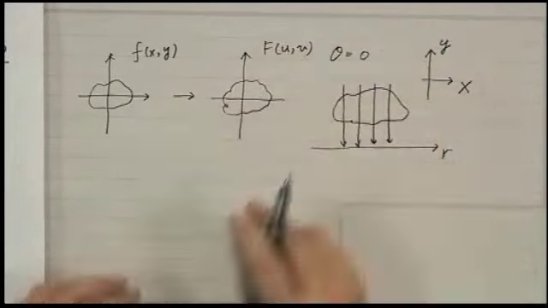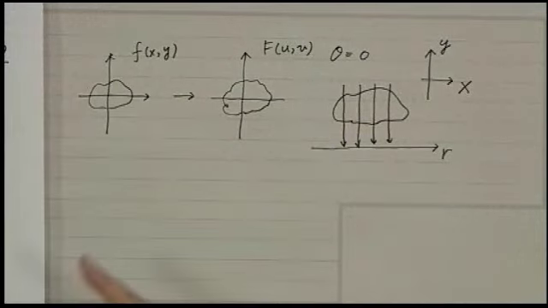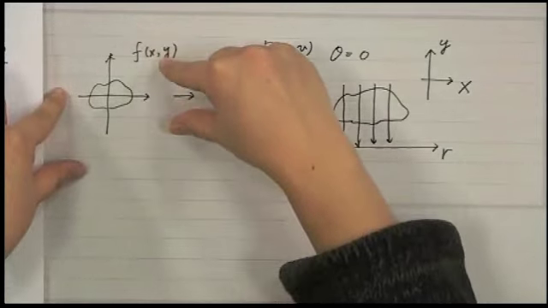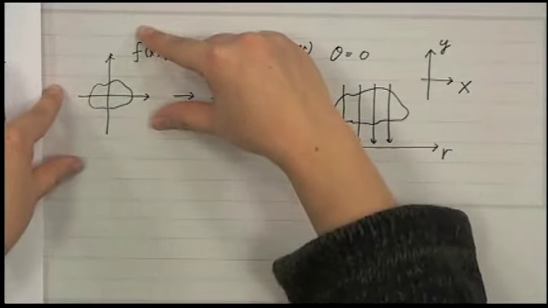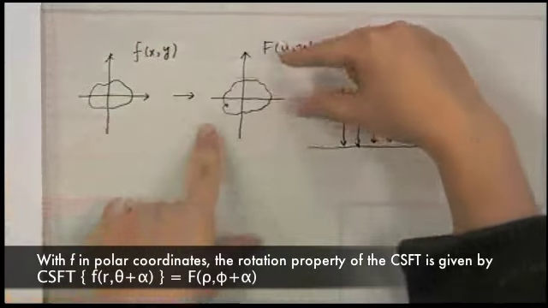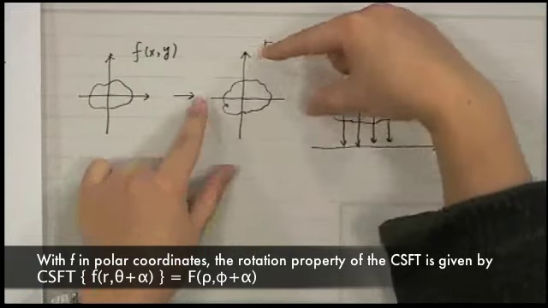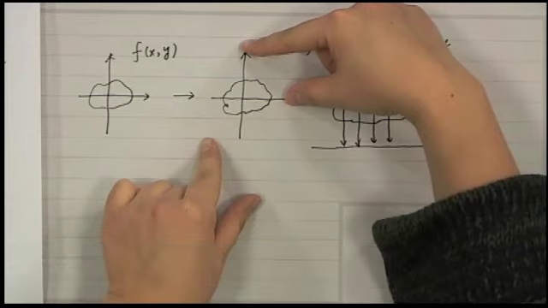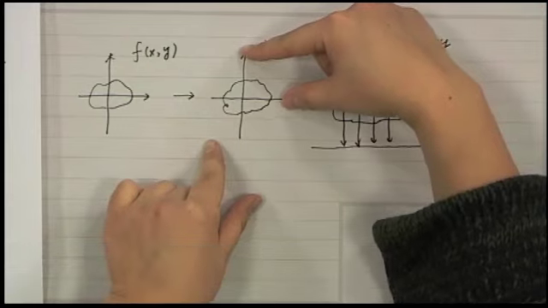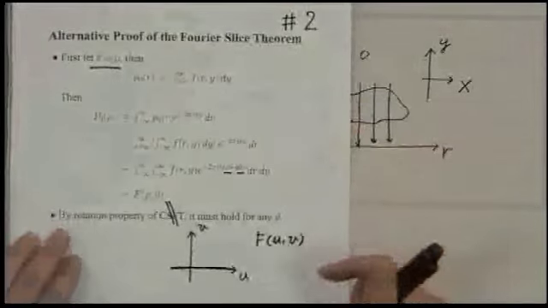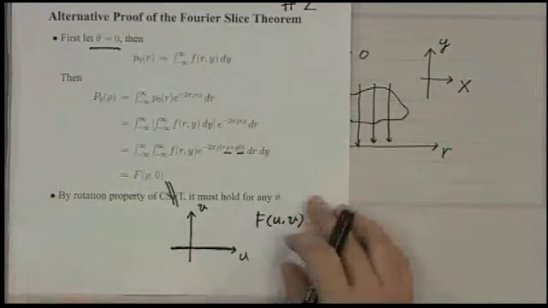Okay, and the rotation property says if we rotate this f(x,y) by a certain phi, let's say, then the Fourier transform of f(x,y) also rotates by the same amount. That's the rotation property. So if we use this property, we are done with the proof.